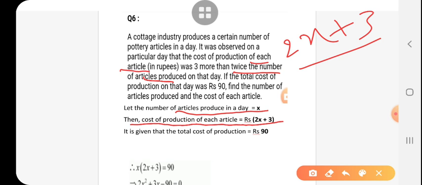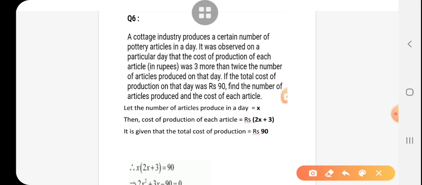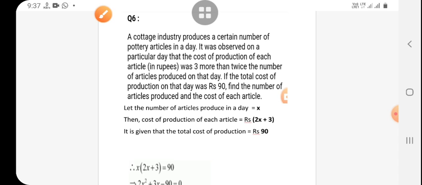Clear? Now it is given that the total cost of production is rupees 90. Now try to understand this line. Suppose you have to purchase a pen.